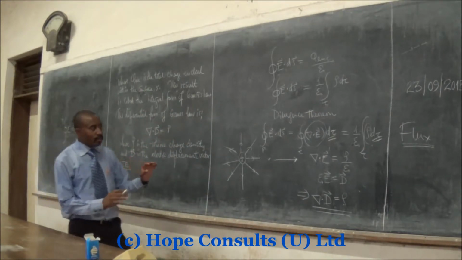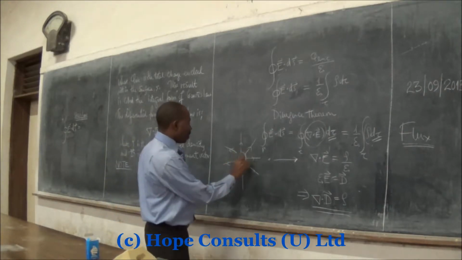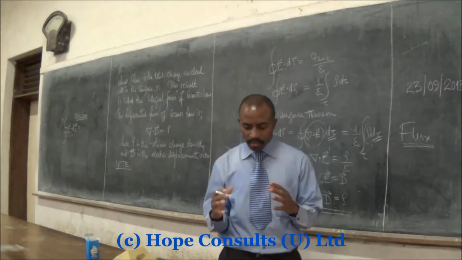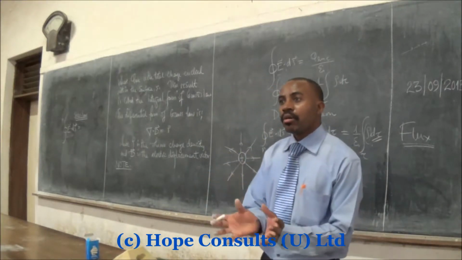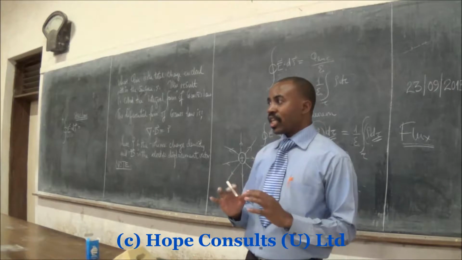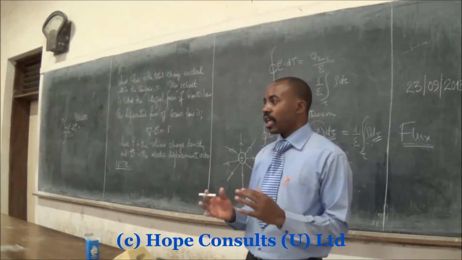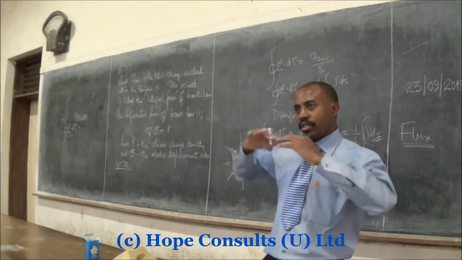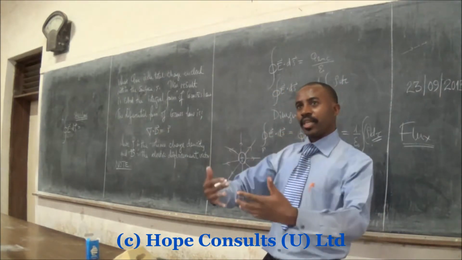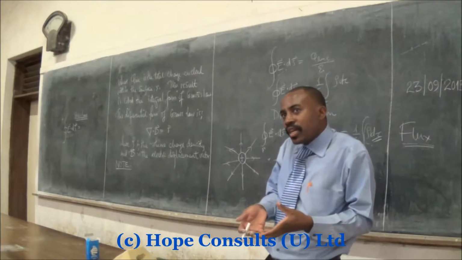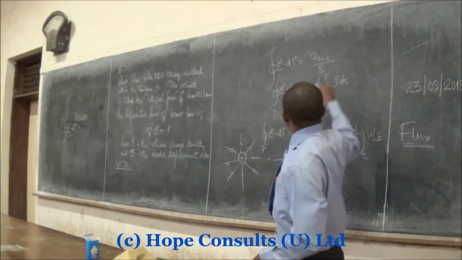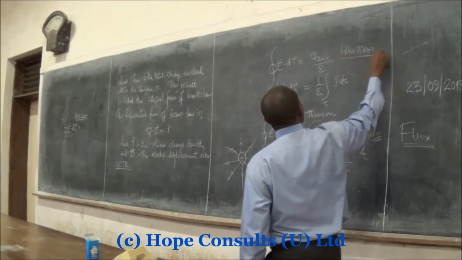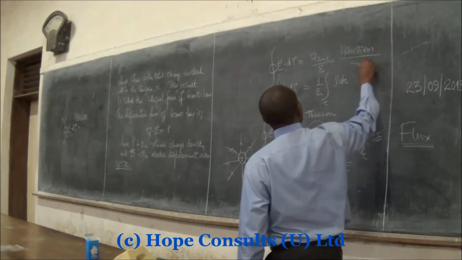But the idea is, if you are going to apply Gauss's law, you must be able to have a symmetrical surface, such as a sphere, where you can draw a concentric sphere outwards, or alongside this sphere, or inside this sphere, and you call it what we call in electricity and magnetism the Gaussian surface.